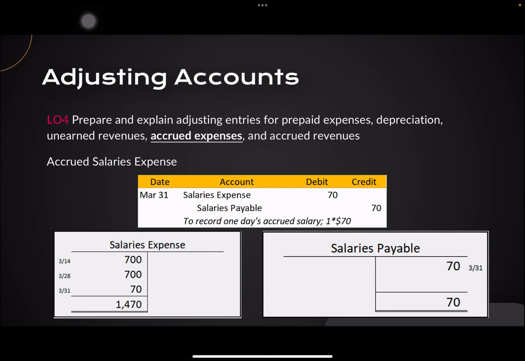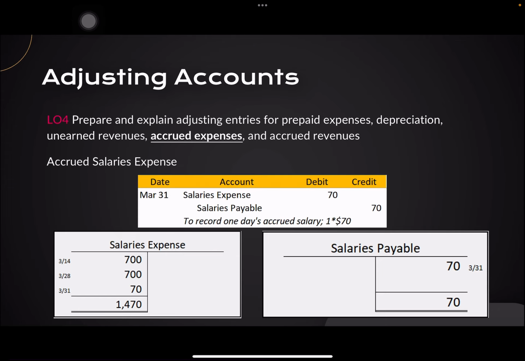And then since you will be paying this on the second Friday of April, you would need to set up a liability because you are committed or obliged to pay your employee for the one day of service that your employee worked on, which is March 31st, $70.